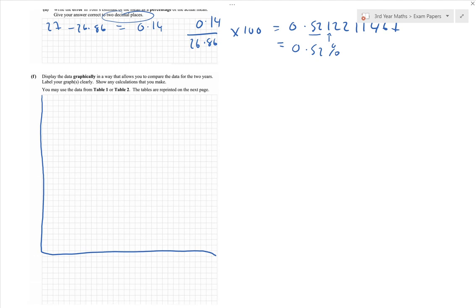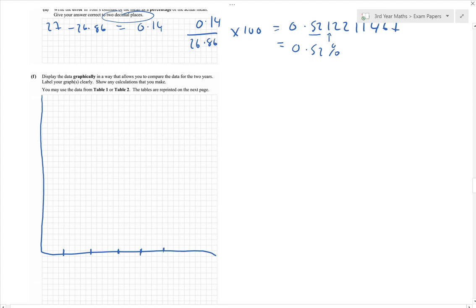If you use the mid intervals, you could say that's 4.5, that's 14.5, that's 24.5, that's 34.5, and 44.5.